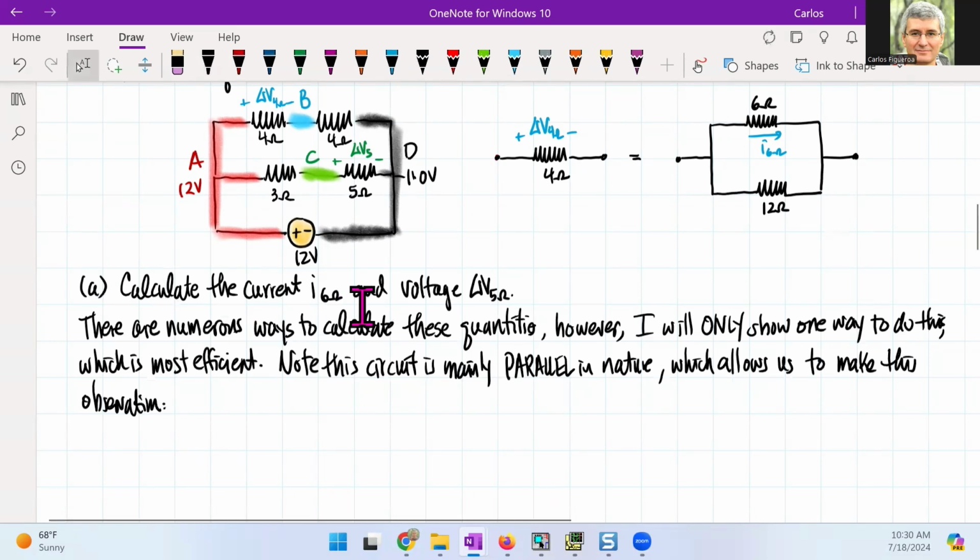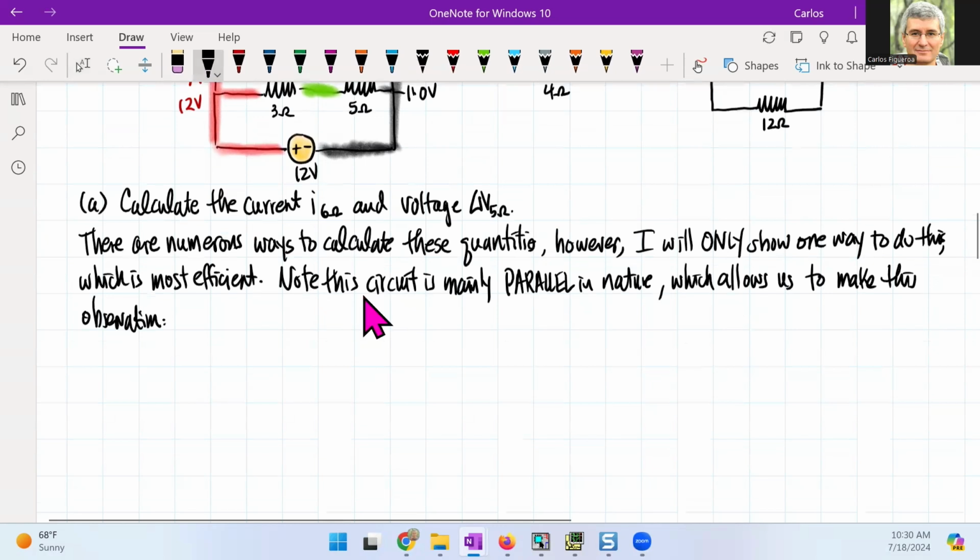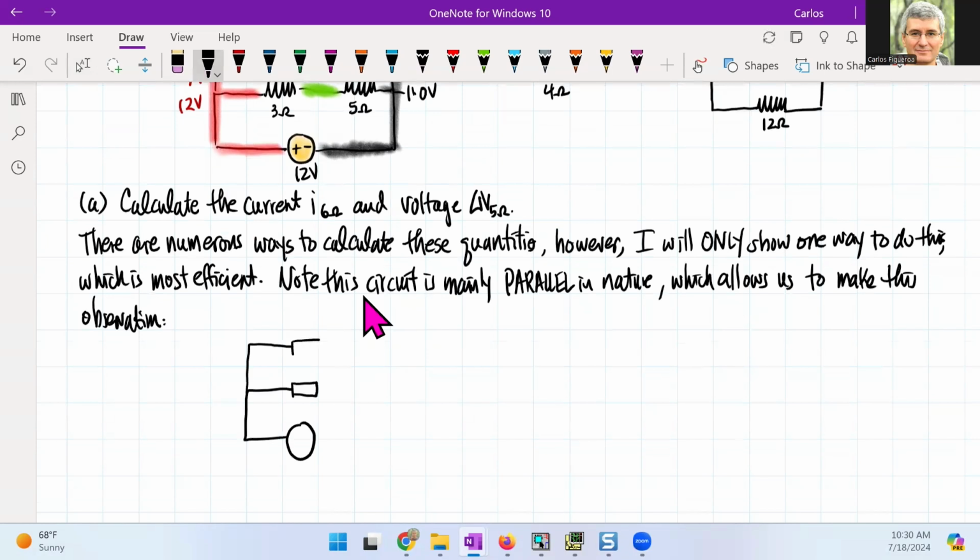So when you look at that circuit, I'm really seeing something like this. I essentially have a block right here, and I have another block right here. So if I'm looking at these quantities, I'm seeing something like this.